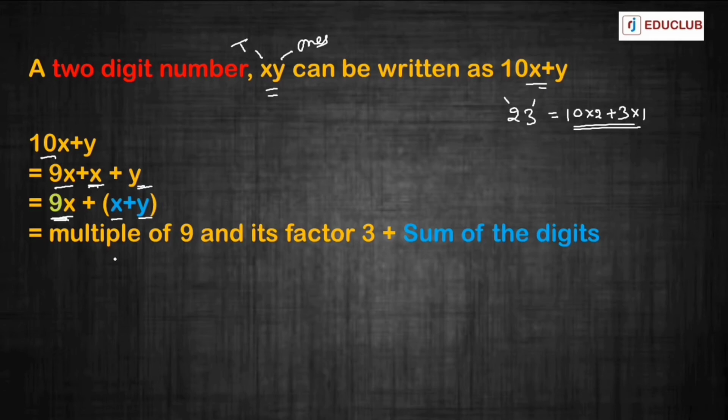Now 9x is a multiple of 9. Naturally, 3 is a factor of 9, so it is a multiple of 3 also. It is a multiple of 9 as well as 3. And we are left over with x plus y, the sum of the digits.